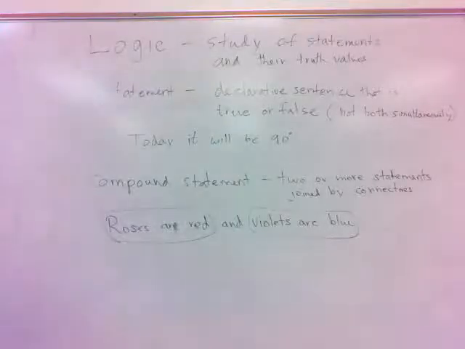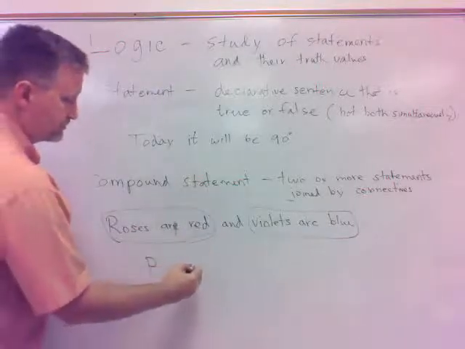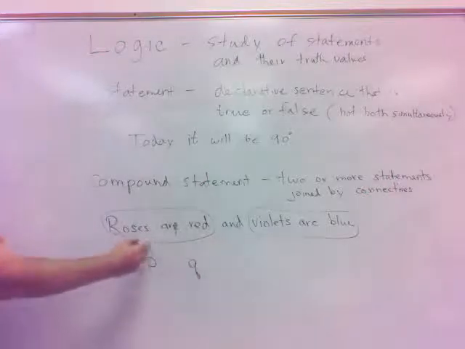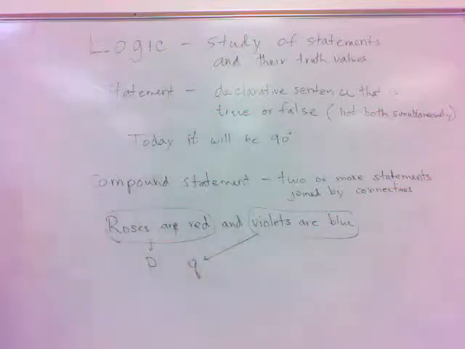Now, a couple of notational things. We've got our statements, but a lot of times we'll denote statements with an abbreviation, using lowercase letters, p's and q's. Let's say roses are red is the p statement, and the q is the violets are blue statement.